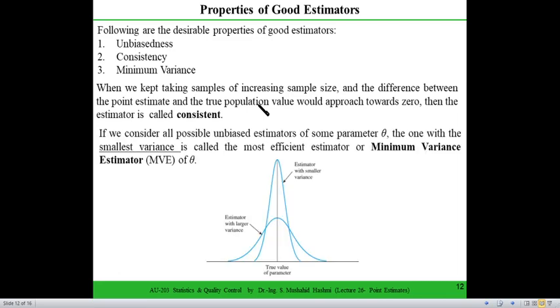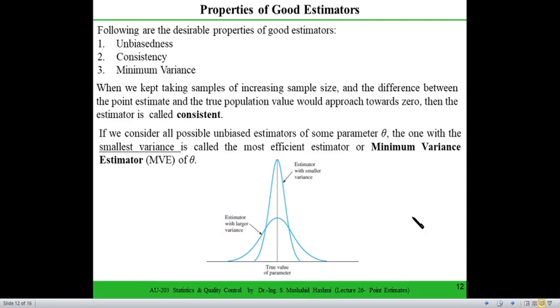The third property is minimum variance. If you have an estimator which satisfies the first two properties, unbiasedness and consistency, the next thing you need to look into is the minimum variance property. If we consider all possible unbiased estimators of some parameter theta, the one with the smallest variance is called the most efficient estimator, or sometimes a minimum variance estimator.